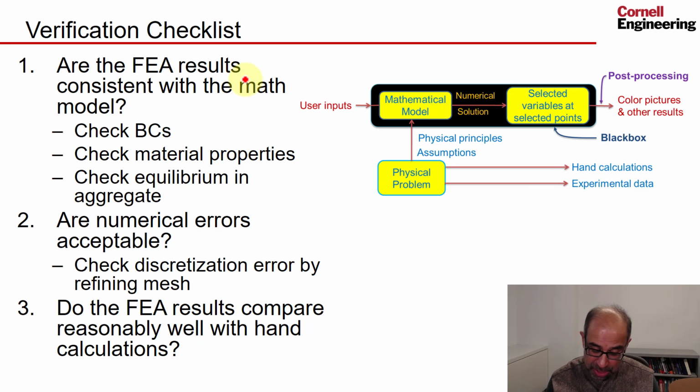In fact, that is also really checking consistency with the mathematical model, because the mathematical model used in the hand calculation is almost the same as the one in the FEA. So I will just give you a quick overview of checking equilibrium in aggregate and refining the mesh.